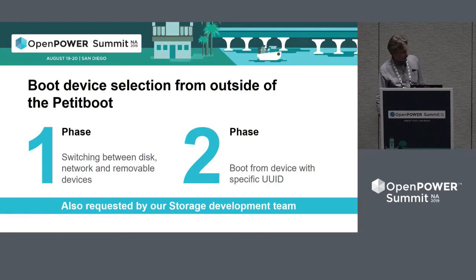We are sort of halfway in implementing this, because the first phase that we've done is we can do switching between the generic disk, network, and removable devices, and the second phase that we are working on right now, and will be available, I think, in November or October, is that you can tell a specific UUID of a boot device that you want to boot.